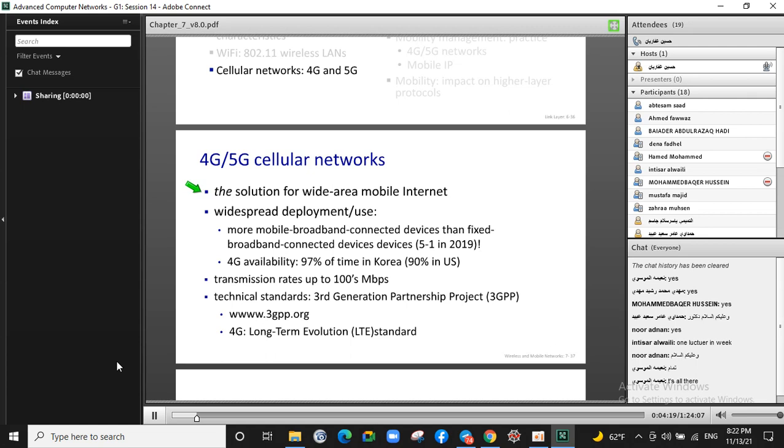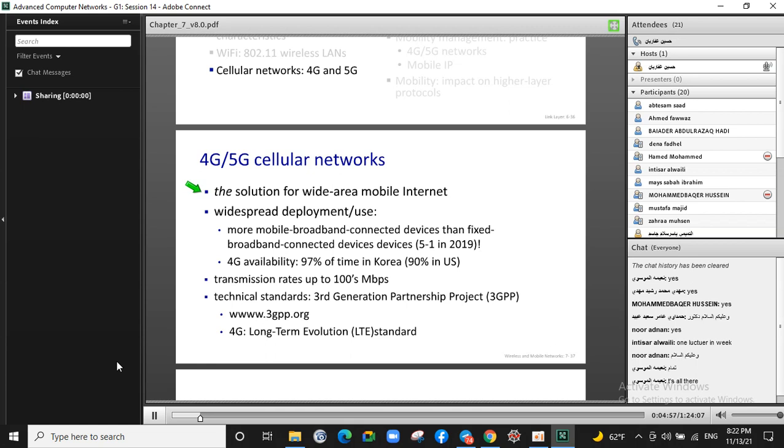And mobile means that I can move around inside the cell, and sometimes I can leave one cell and enter another cell. So we call it a mobile solution. That means I can move freely inside a network, inside a cell, or depart one cell and arrive at another cell.